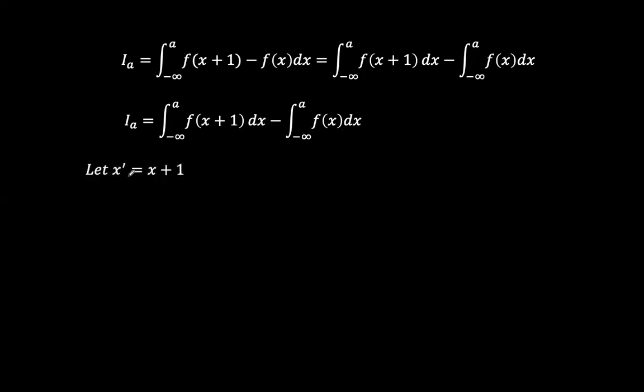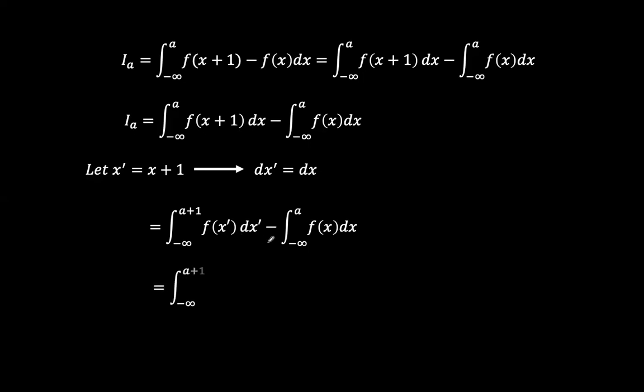And if we let x prime be equal to x plus 1, then dx prime is the same as dx, meaning that we can insert x prime in place of x plus 1, but with the limits: the lower limit still remains negative infinity, and the upper limit becomes a plus 1. So this integral here, we can just replace everything back with x. So the integral of f(x+1) is the same as the integral of f(x) from negative infinity to a plus 1.